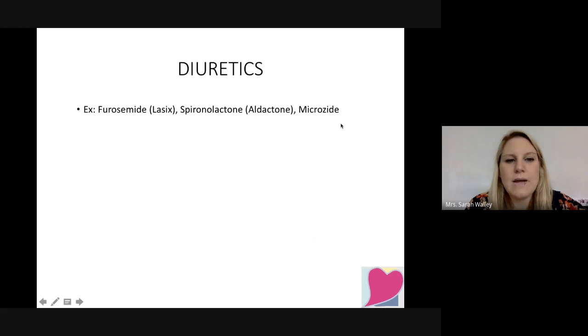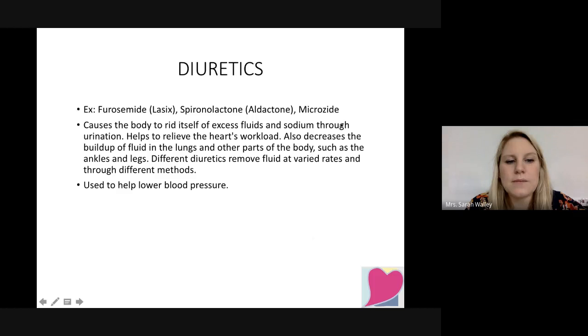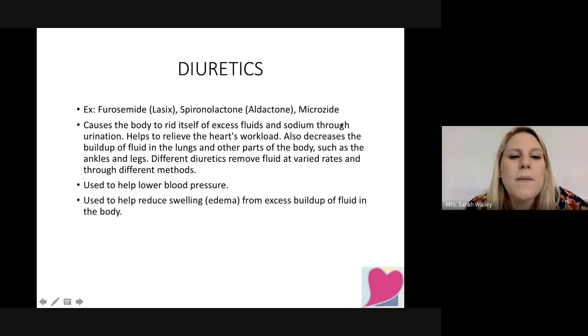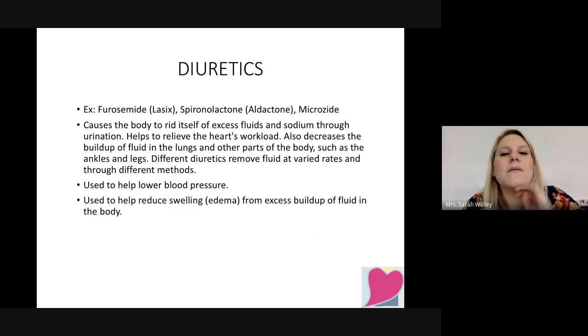All right, and then diuretics, we talked a lot about. So furosemide or Lasix and spironolactone, both of those are probably the most common. I always usually see Lasix or spironolactone as two that are really common.